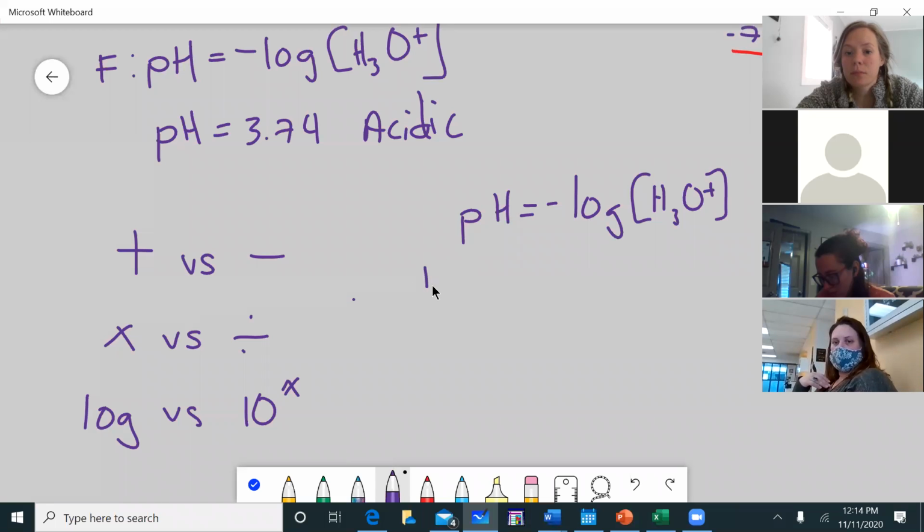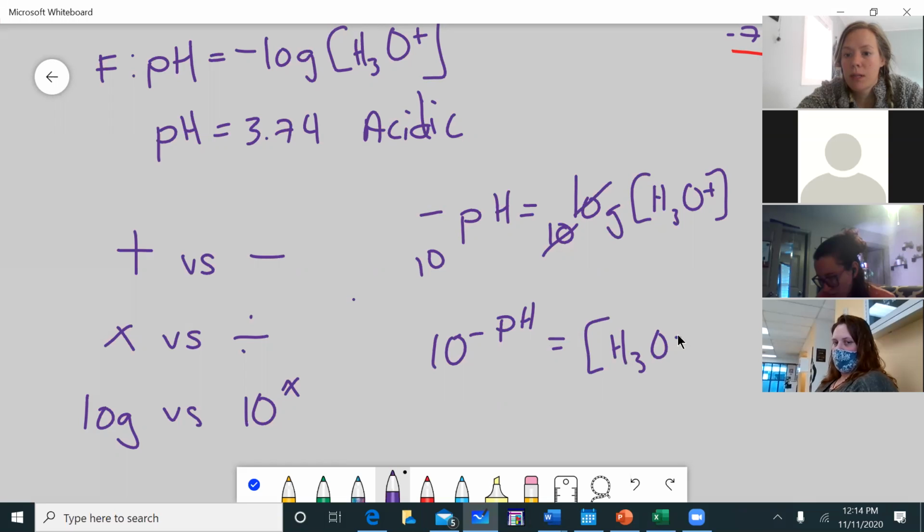I've got a negative here, so I'm going to move the negative to the other side. So negative pH equals the log of H3O plus. If I want to get rid of log, I do 10 to the on both sides. That will cancel this out. So 10 to the negative pH equals my H3O plus concentration.